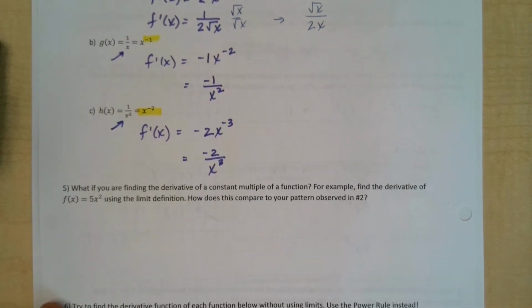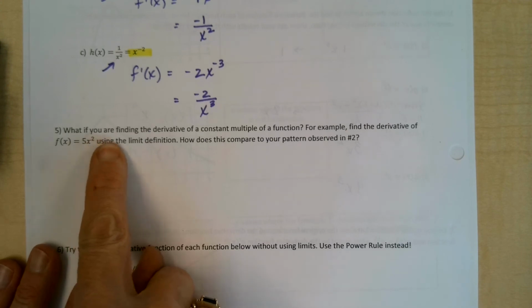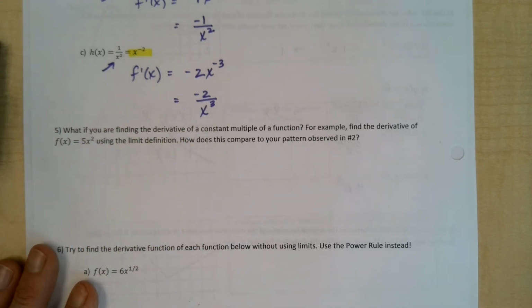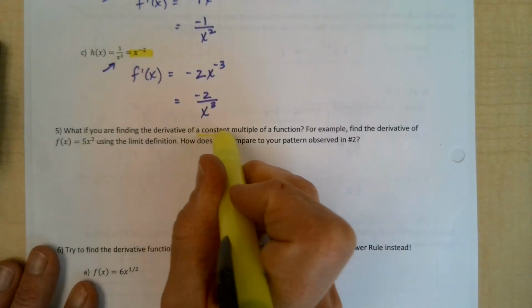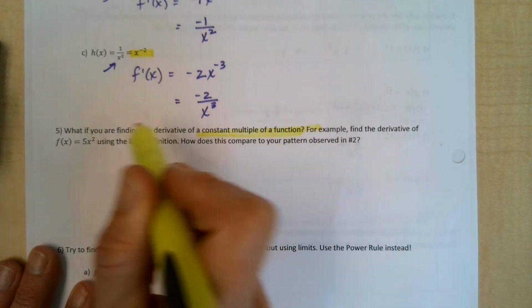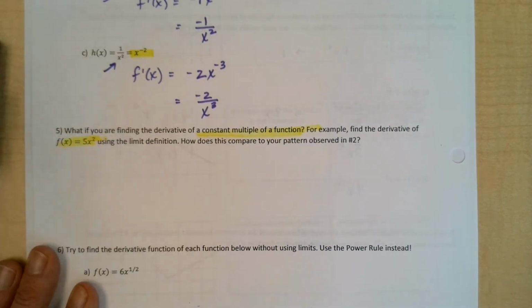All right, what if you are finding the derivative of a constant multiple of the function? So if you're worried about what this means, here's our example. For example, find the derivative of 5x squared.